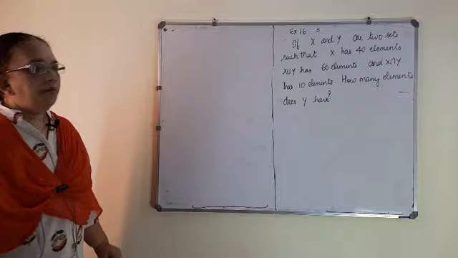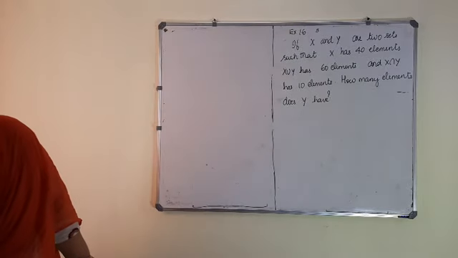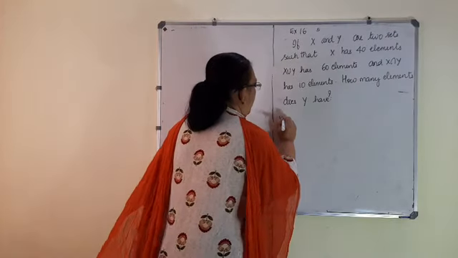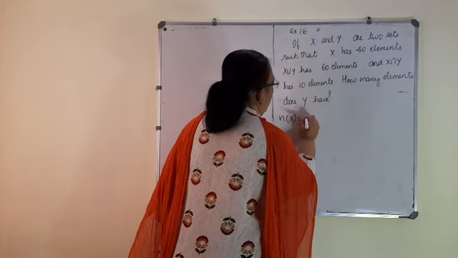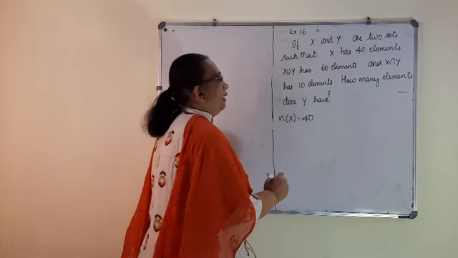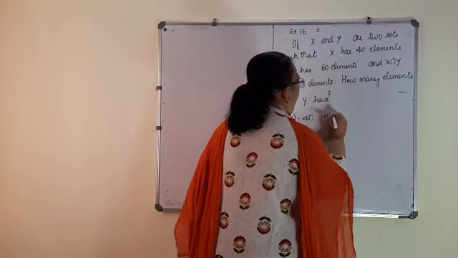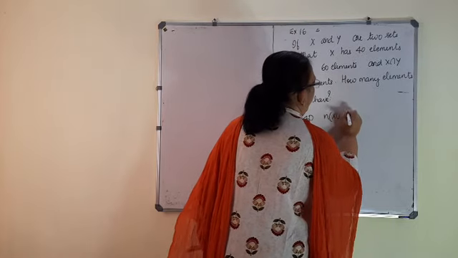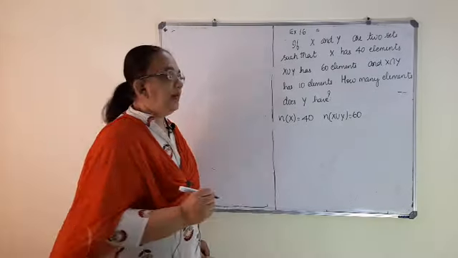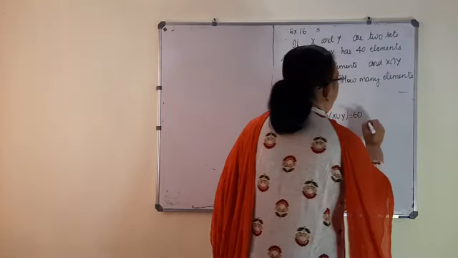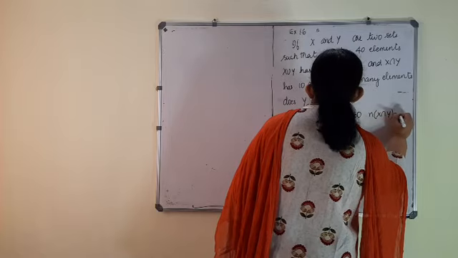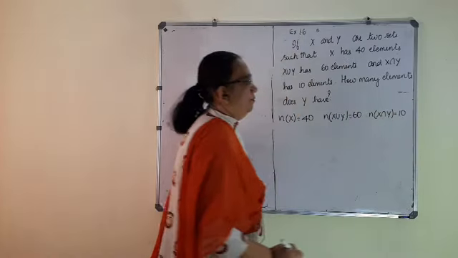Okay, if X and Y are two sets such that X has 40 elements, X union Y is equal to 60 elements, and X intersection Y has ten elements.